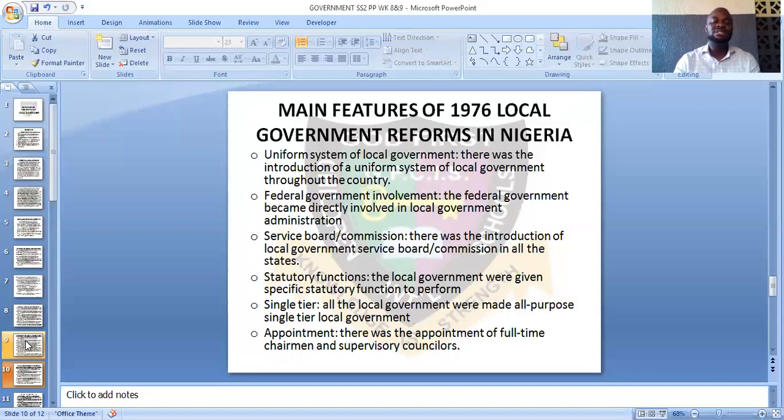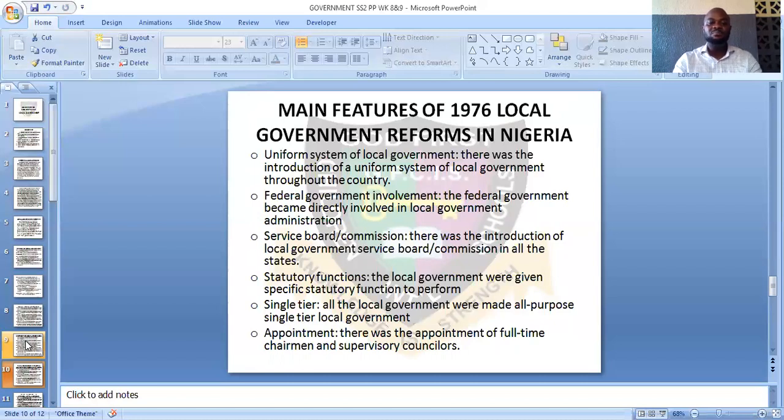Before 1976, local government was never the third tier of government. We only had two tiers of government, which were the federal government and state government. But as a result of the 1976 local government reform, local government was generally accepted as the third tier of government.